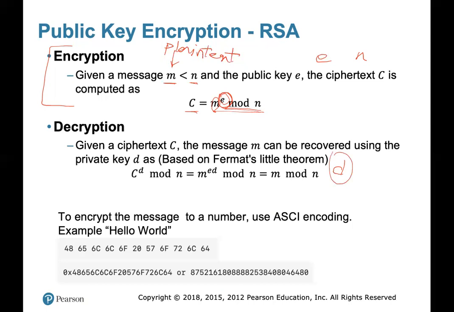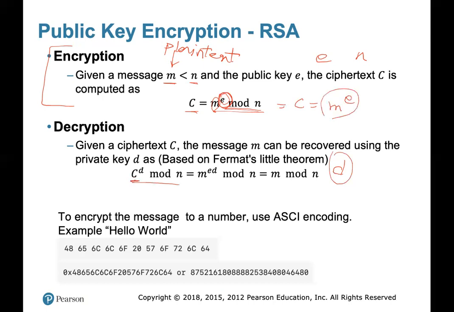And of course, on the decryption side, we have received the ciphertext C. So we take C to the power of d, of course in modulo n. We said that C equals m to the power of e.